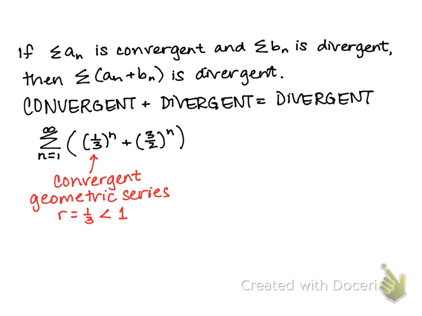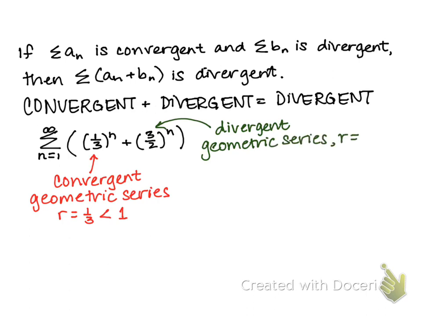Then I would say that this second part over here is divergent because this is also a geometric series with r equal to 3/2, which is greater than or equal to 1.